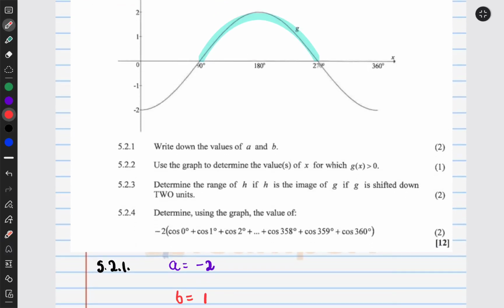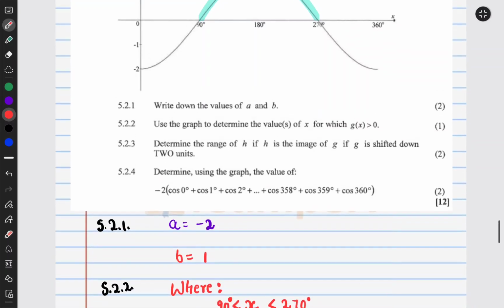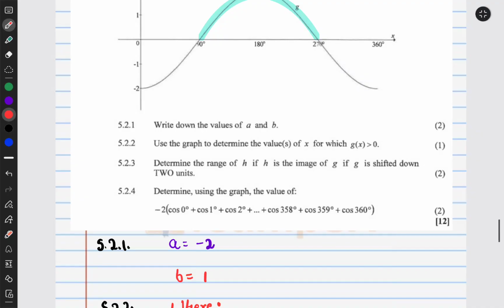Determine the range of h if h is the image of g. If h is the image of g, h is just g being reflected and shifted down 2 units. Reflecting the function doesn't actually change the range of the function, but shifting the function down is what will change the range.